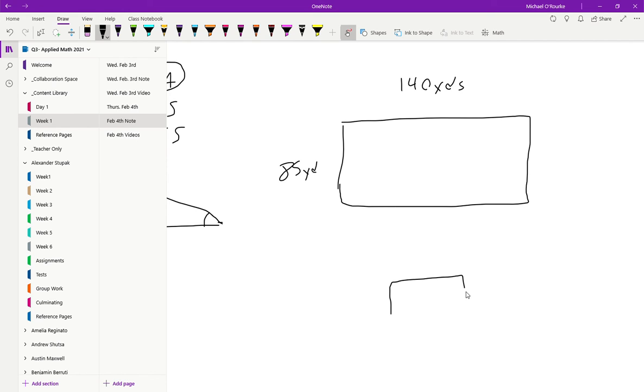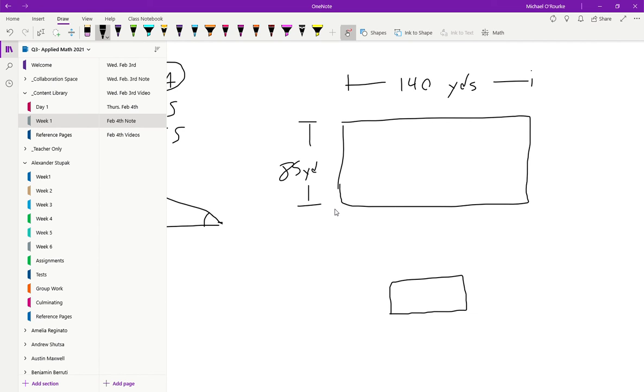If I'm going to draw this on a piece of paper, okay? That is the worst yard ever right there. Oops. 85 yards for that part.